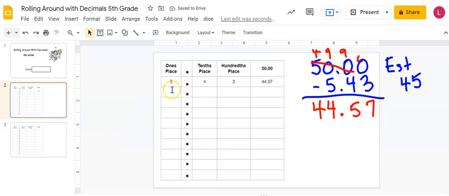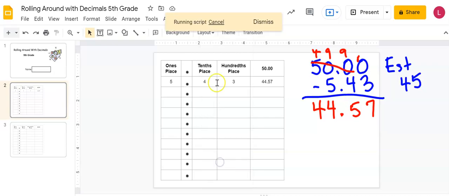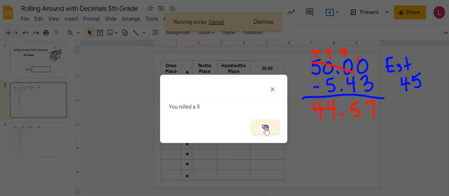So the object of the game here is in all of these to get the lowest number, okay? So now my dice here only goes to 6. So if you want it to go to 9 there, I'm going to roll the 10-sided dice. Oh, I got a 5.